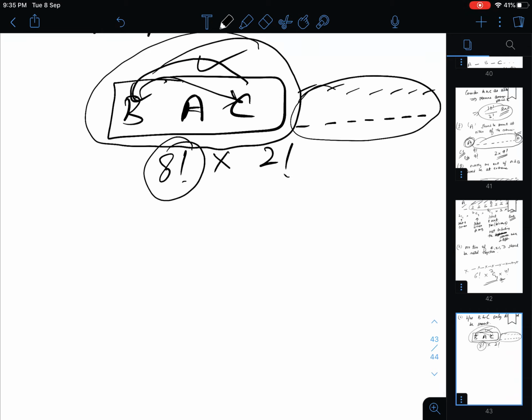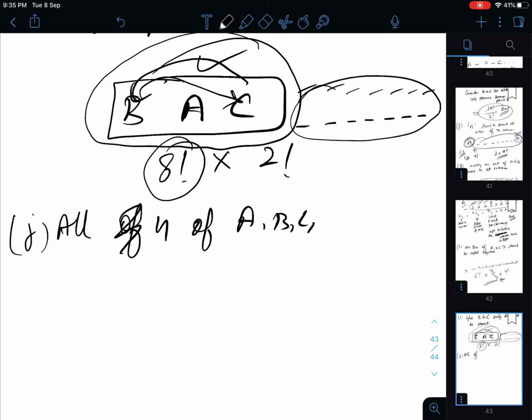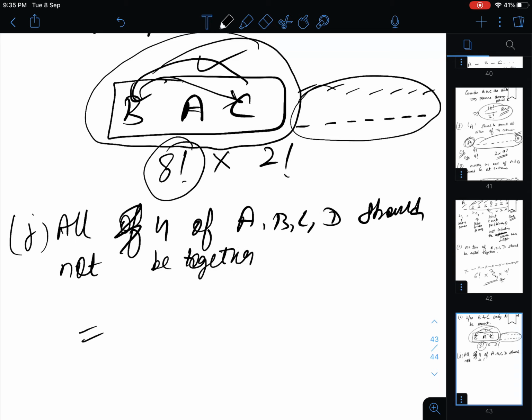Okay, now if I ask you that all 4 of A, B, C, D should not be together, then we have already discussed this in scenario 1 and scenario 2. What you do is, total number of cases is 10 factorial minus all those cases when A, B, C, D are together.